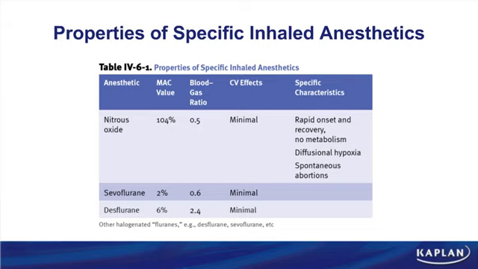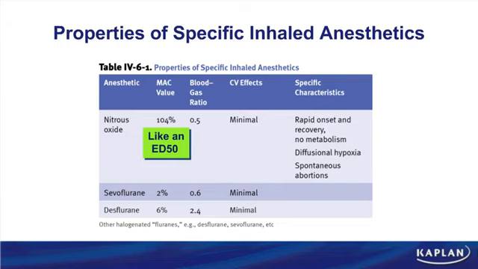When I look at the first column, MAC value. MAC is the minimal alveolar anesthetic concentration at which 50% of patients do not respond to a surgical stimulus. It's kind of a fancy way of saying that a MAC value is like an ED50. It's really a measure of anesthetic potency. And the rule is this: the higher the MAC value, the lower the potency.